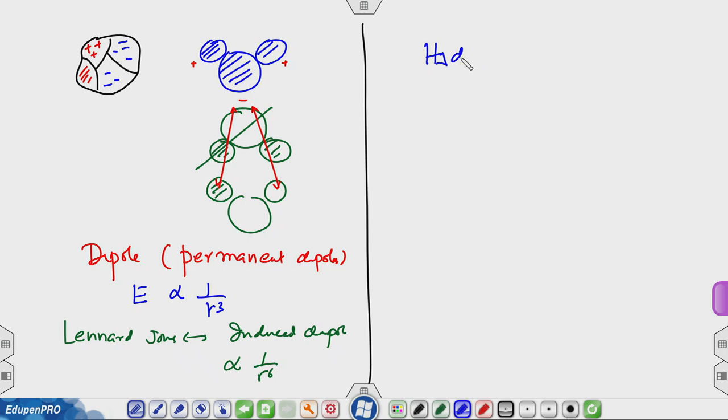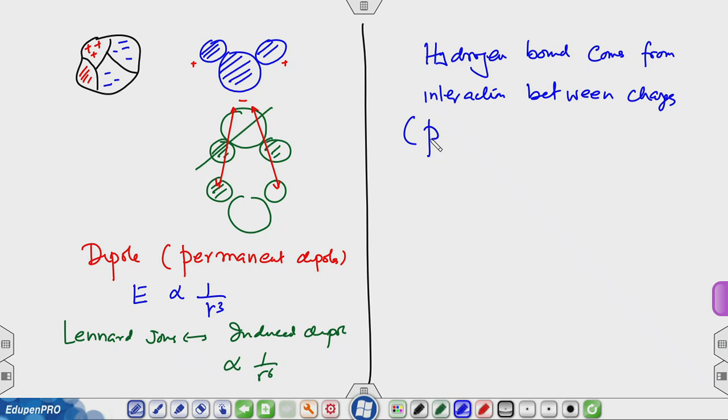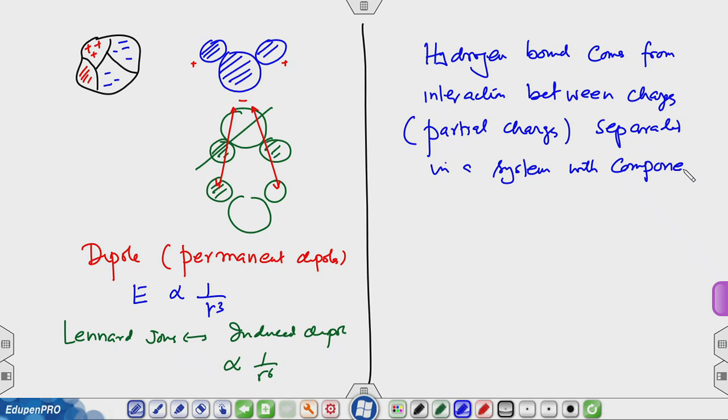So, hydrogen bond comes from interaction between charges, you can say partial charges, separated in a system with components that have different electronegativities.